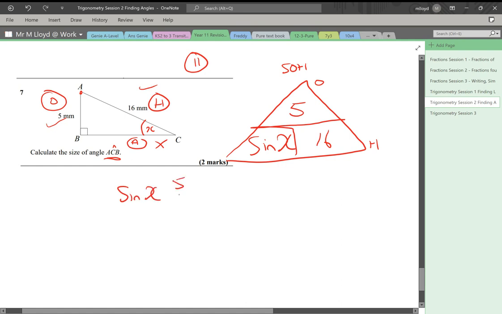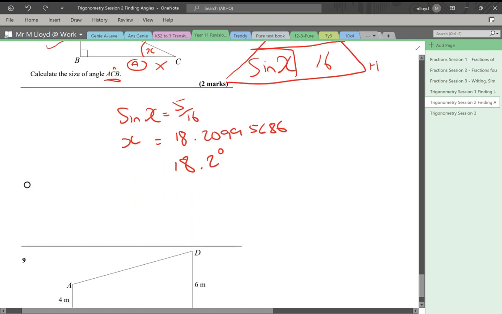Sin x, 5 over 16. So get 5 over 16 into your calculator. Shift, sin, answer, equals, and we get 18.20995686, or 18.2 degrees.